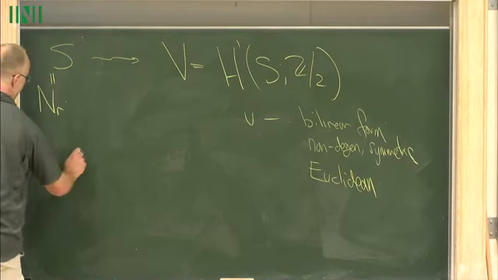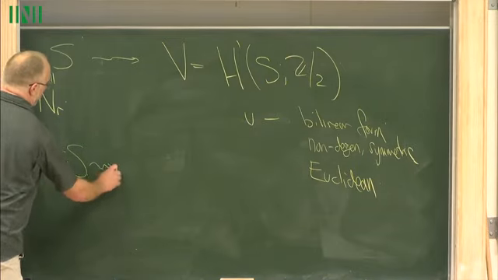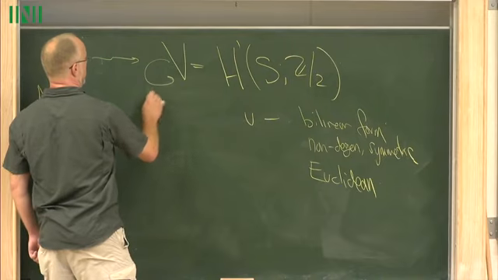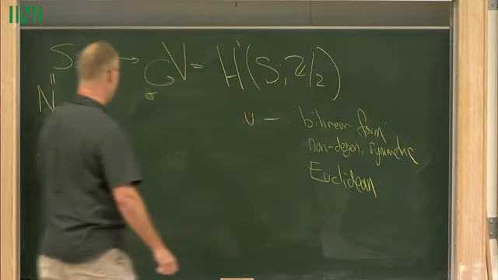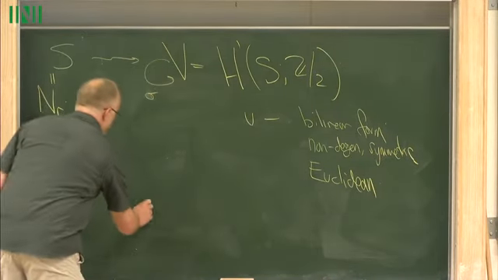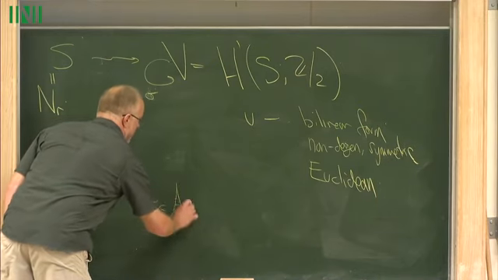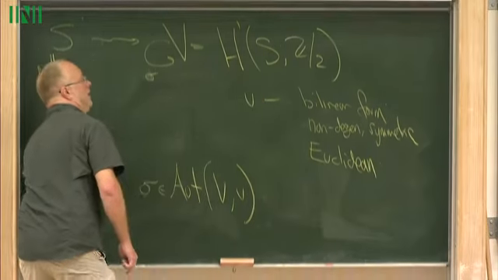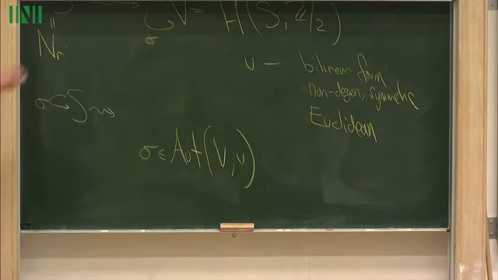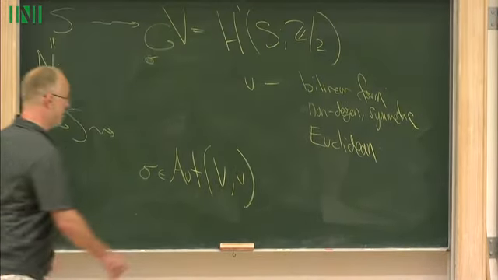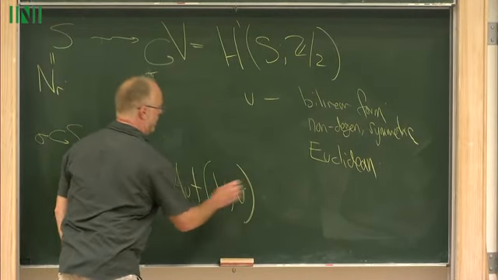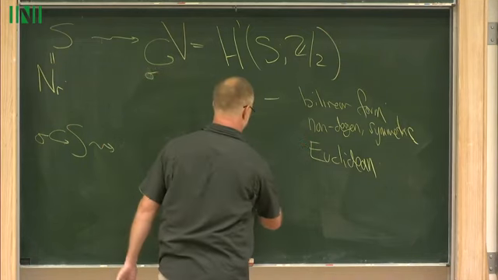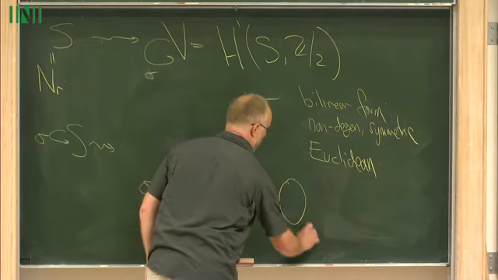My involution on the surface gives me an involution on this vector space, which preserves the form. Okay. So I get an element sigma in the automorphism group of this form. That's V with the cup product. Okay. So that's just the automorphisms of the Euclidean form, so this is really just the orthogonal group.